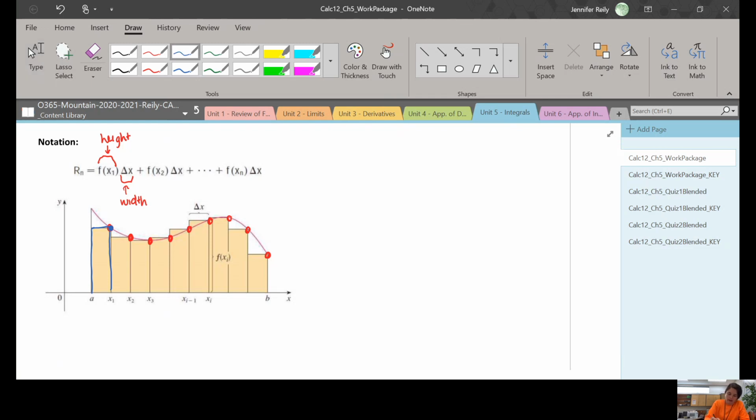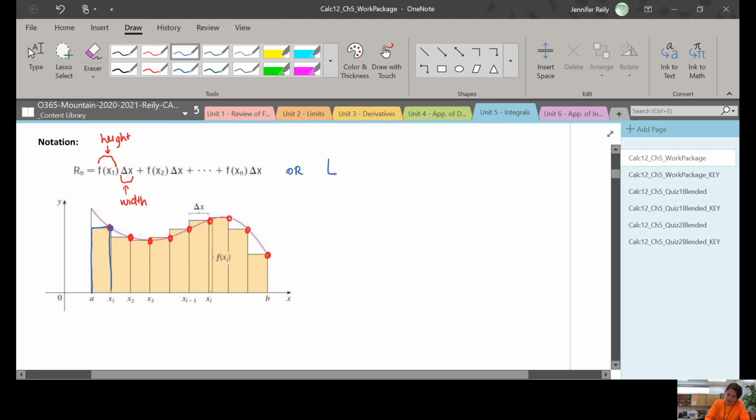If you were doing Ln, you would just start over. So you'd do f at x0 delta x plus f at x1 delta x plus f at xn minus 1 delta x.